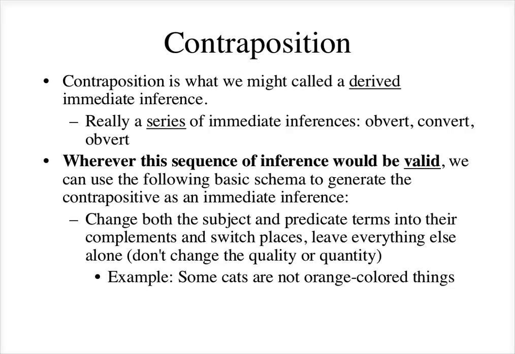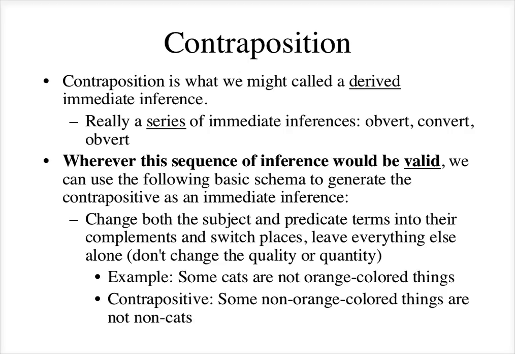So, for example, some cats are not orange-colored things. What we do is we change orange-colored things into non-orange-colored things. We change cats into non-cats, and then we switch the subject and the predicate terms. So this was in the predicate position before.